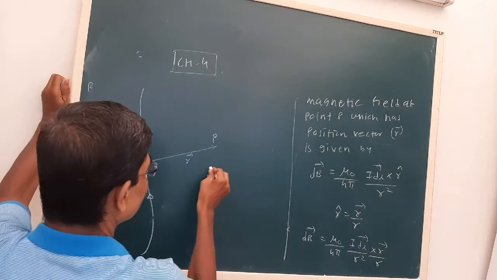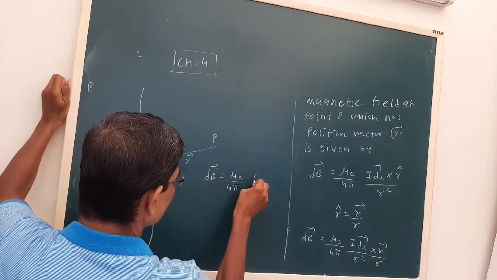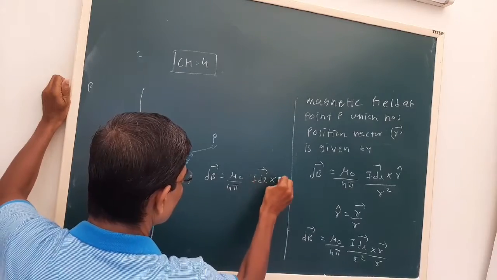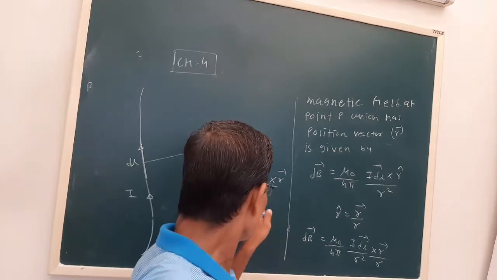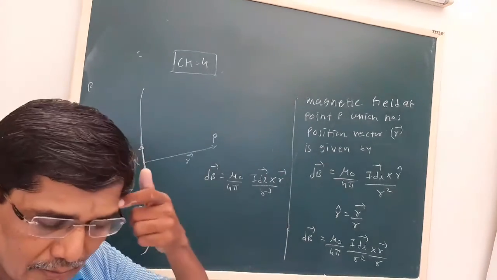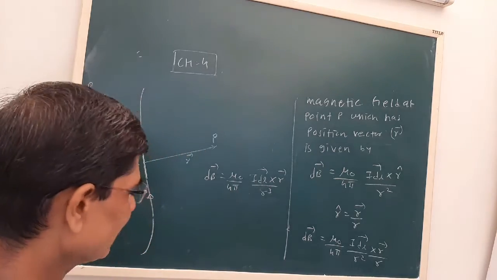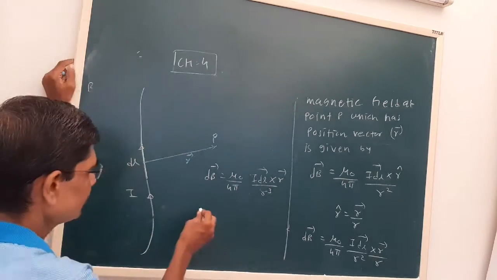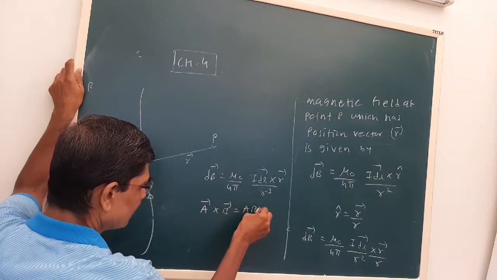So we can write dB is equal to mu 0 upon 4 pi IdL cross R upon R cube. Now recall the property of the vector product, that is A cross B is AB sin theta.